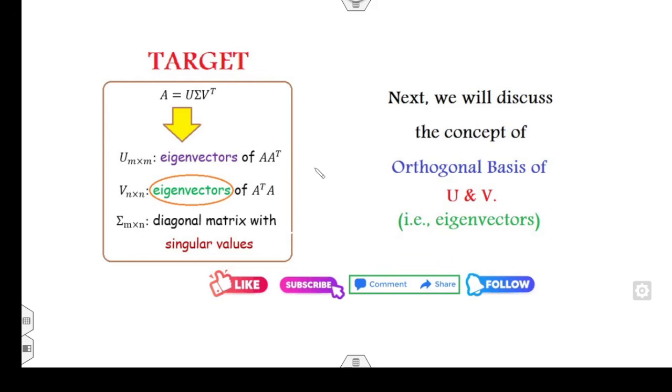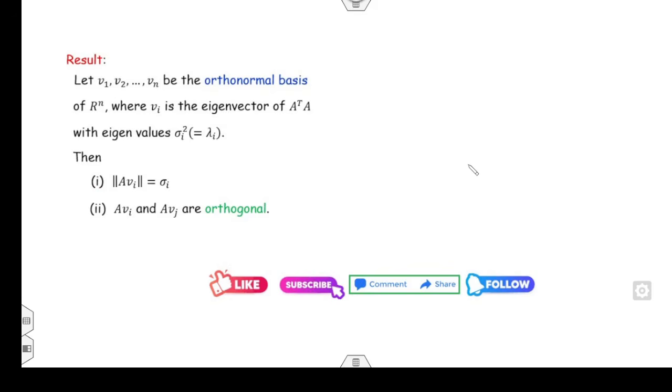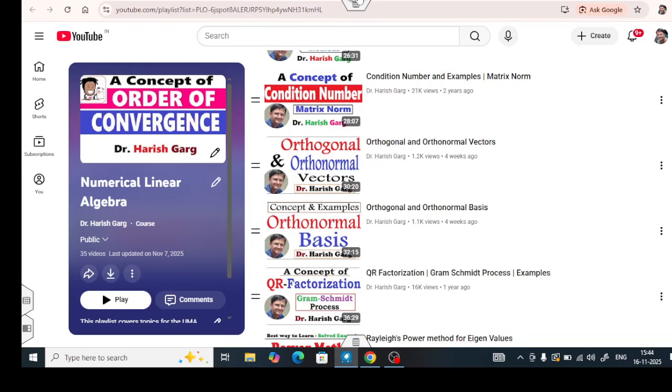Now next we will define the orthonormal basis of U and V, which are called the eigenvectors. Say V1, V2, up to Vn are orthonormal. To understand the deeper concept of orthonormal, you can watch my previous lectures on orthonormal vectors and orthonormal basis.